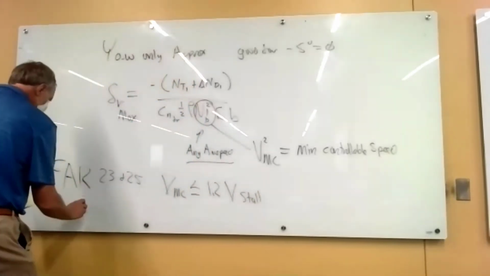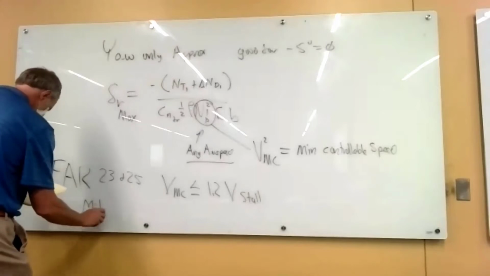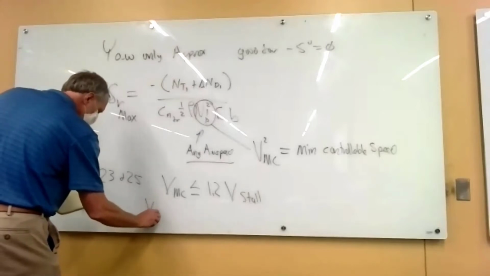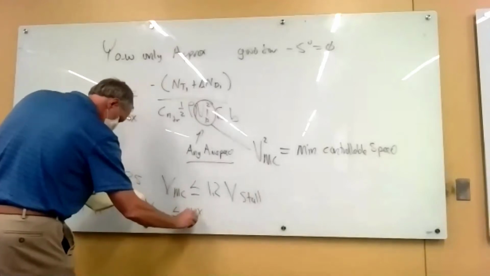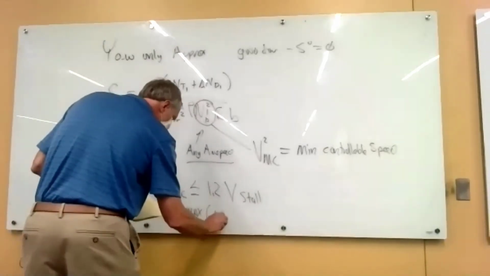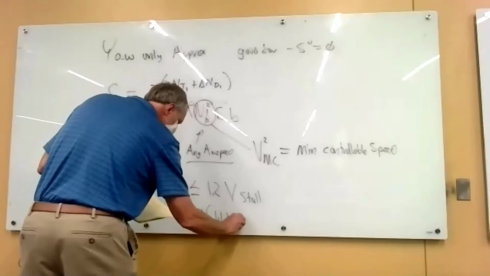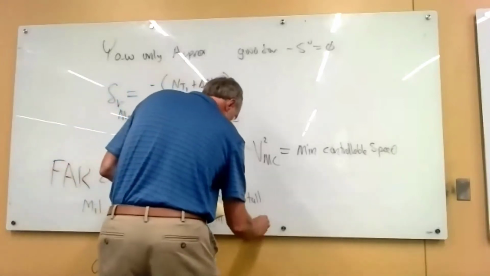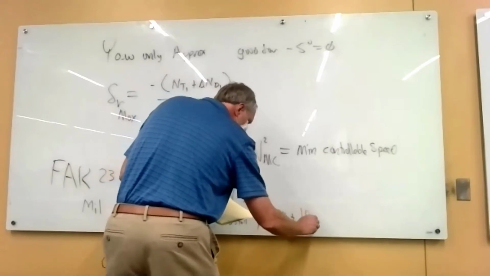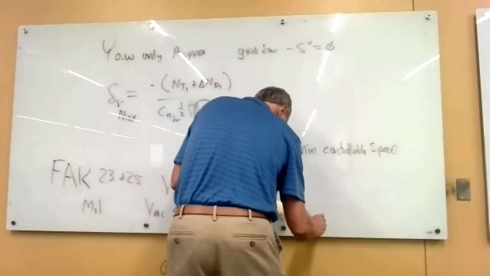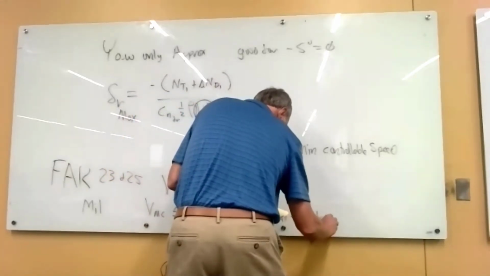Then the military guys say your minimum control speed must be less than 1.1 times stall, or V stall plus 10 knots equivalent airspeed.